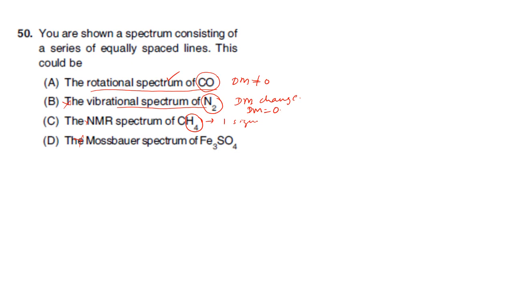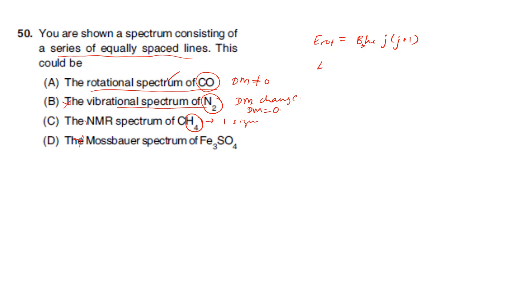Now let us see whether it will give a series of equally spaced lines. We know that rotational energy is given by BhcJ(J+1), where B is the rotational constant.